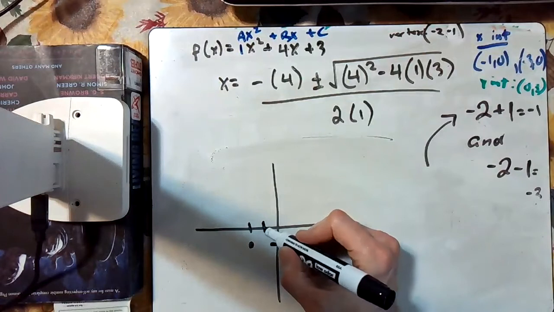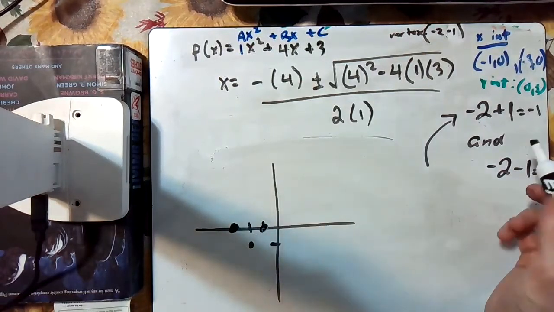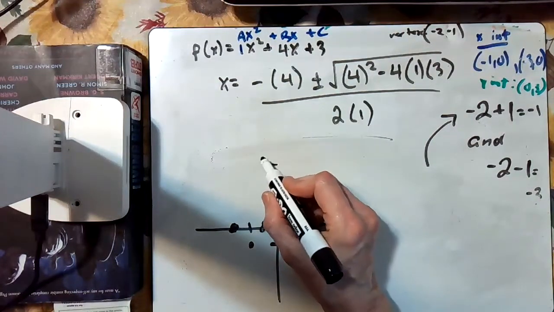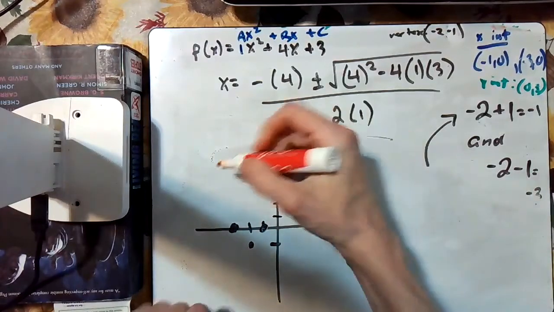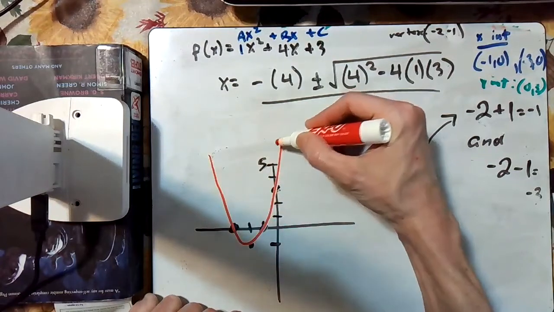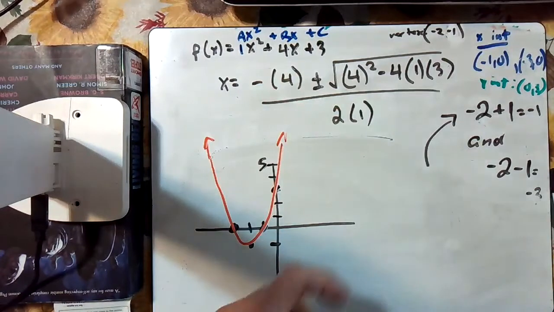The x-intercepts are (-1, 0) and (-3, 0), and the y-intercept was (0, 3). If we check out our parabola, it's a nice U shape again, so we know we're on the right track.